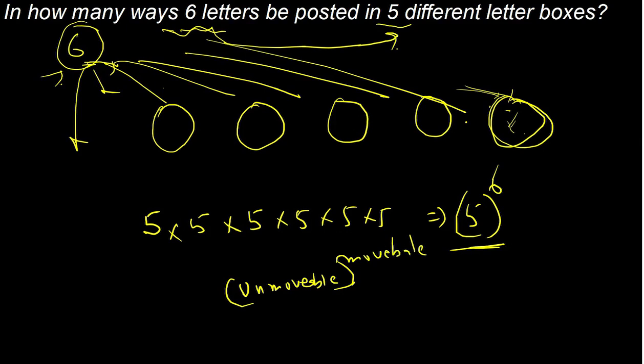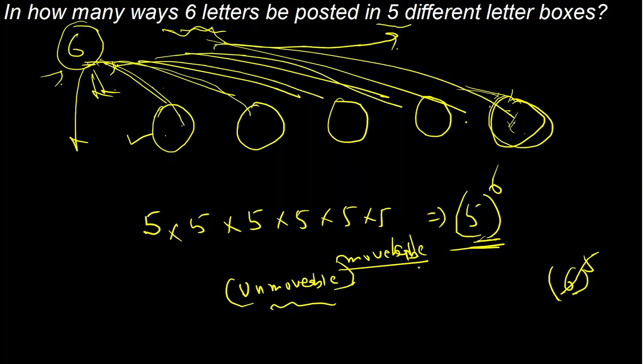Sometimes there is confusion whether it is 6 to the power 5 or 5 to the power 6. Obviously the letter boxes are the options for the letters, so you need to put each letter in a letter box. So the answer is unmovable to the power movable. The unmovable thing right now is the letter box, so 5, and the movable things are the letters, so this is going to be 5 to the power 6.